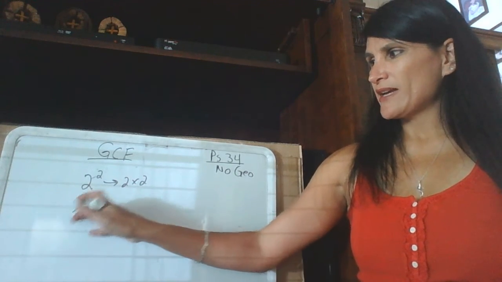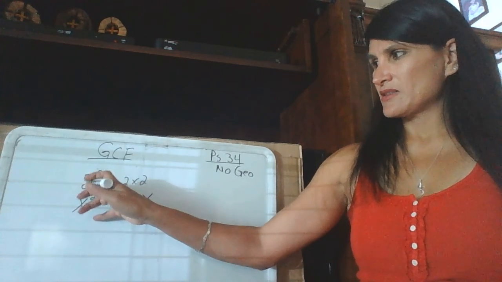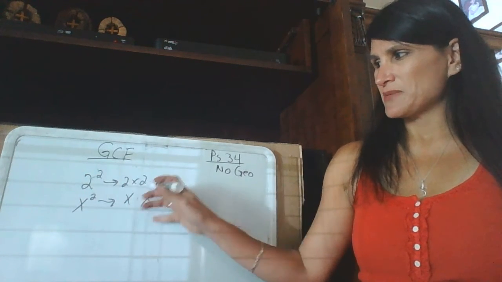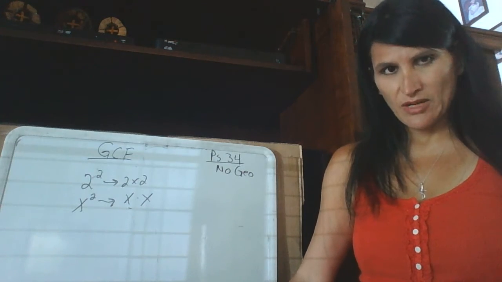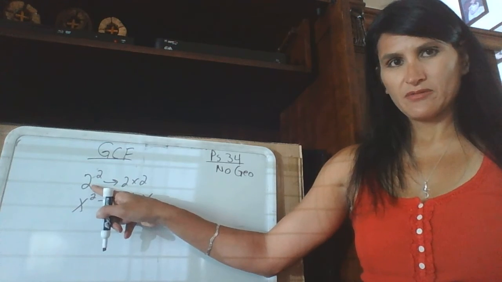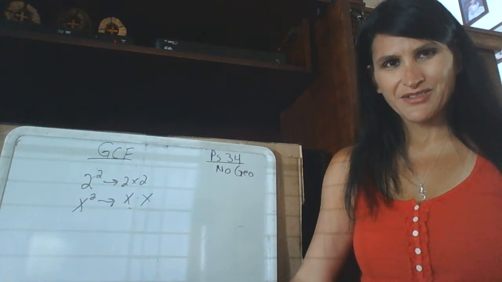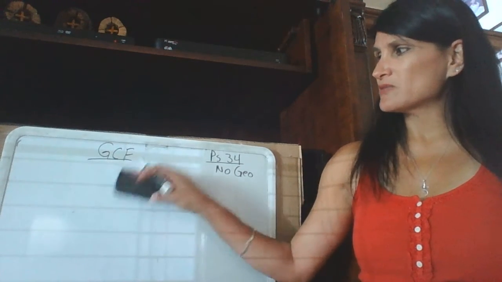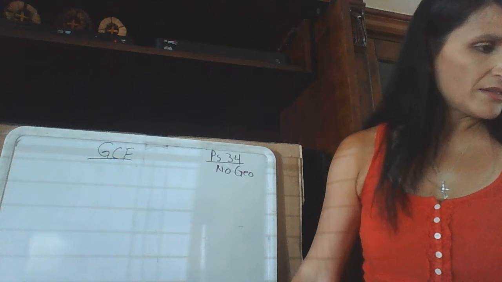Well, in the same way, x squared means x times x. Because the base is 2, and I'm multiplying it times itself twice. The base is x, and I'm multiplying it by itself twice. When I write 2 times 2, I'm prime factoring 2. The same thing here: when I'm writing x times x, I'm prime factoring the x. So you can prime factor variables by simply expanding them or stretching them. Let's look at example 1.